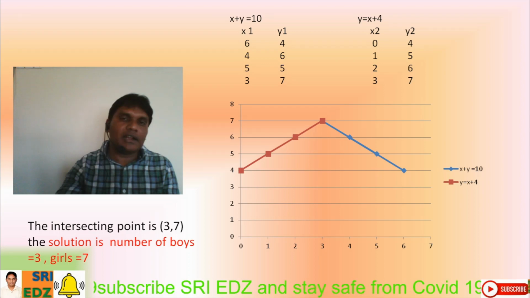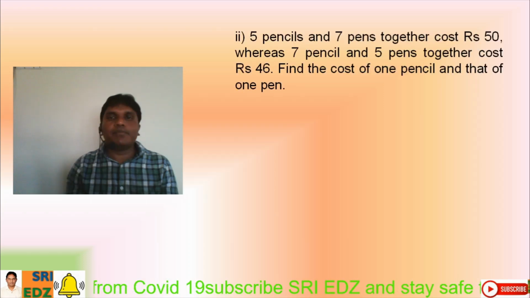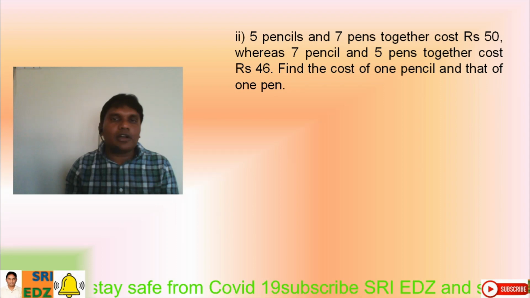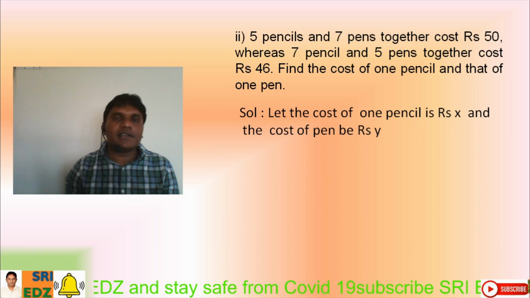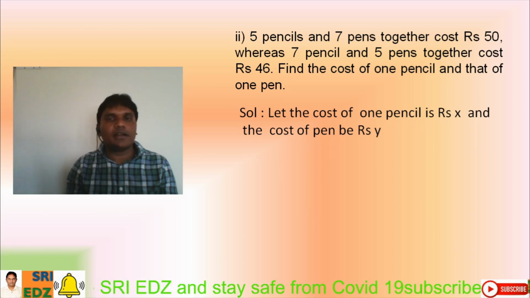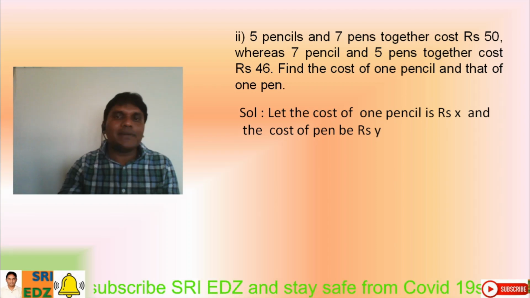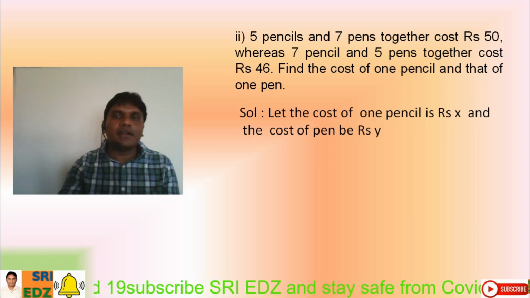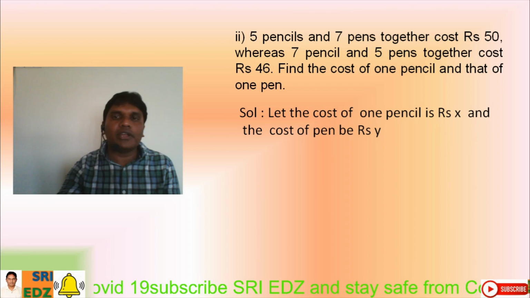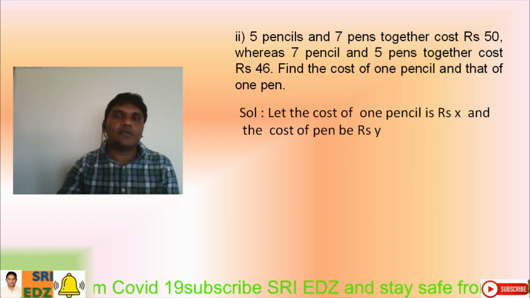We have the second question, in which 5 pencils and 7 pens together cost 50 rupees. We don't know the cost of each pencil and pen, so we assume the cost of one pencil is x rupees and the cost of one pen is y rupees. Here we have 5 pencils, so 5 into x, and 7 pens, so 7 into y, 7y, is equal to 50.